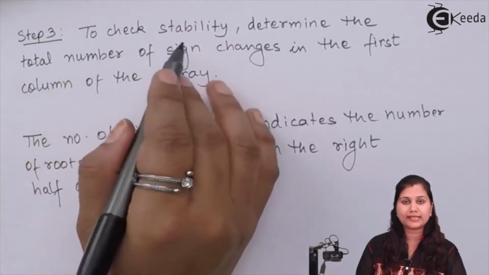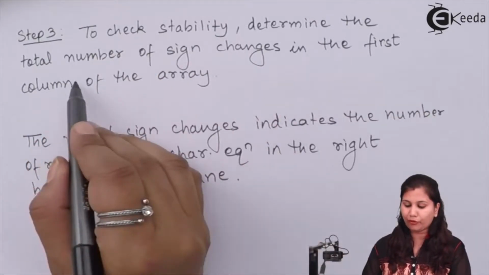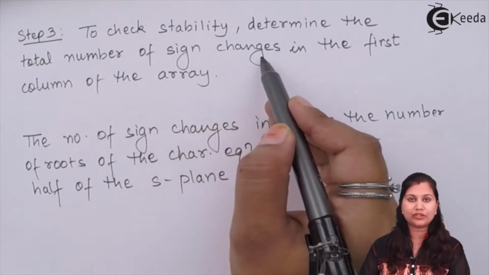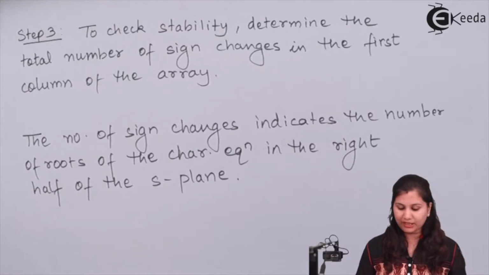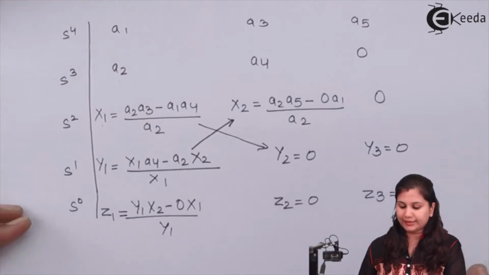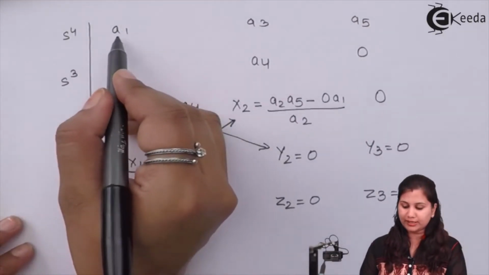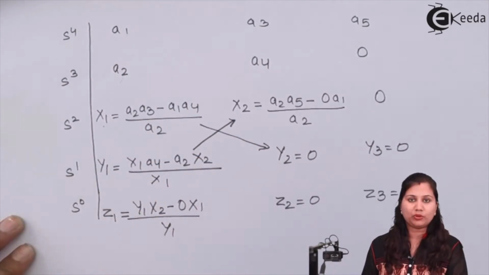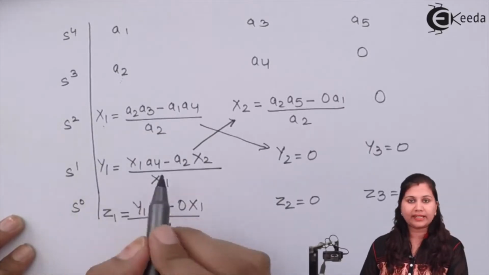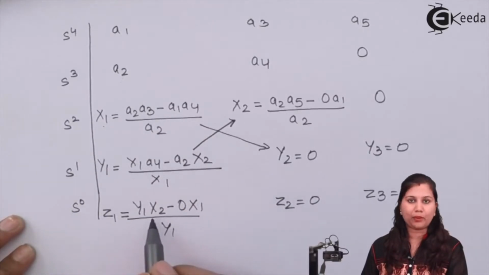So to check the stability, we will determine the total number of sign changes in the first column of the array. Suppose we have taken this example, and the A1 coefficient is positive, A2 is positive, and X1 is coming out to be negative. Y1 is again positive and Z1 is again positive.